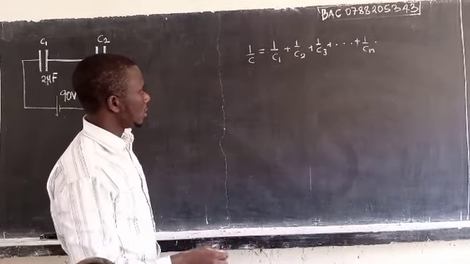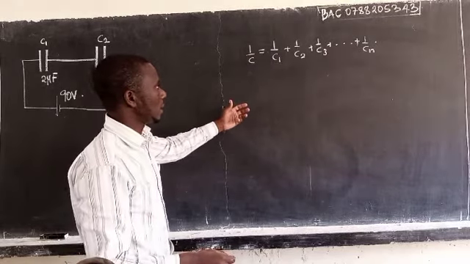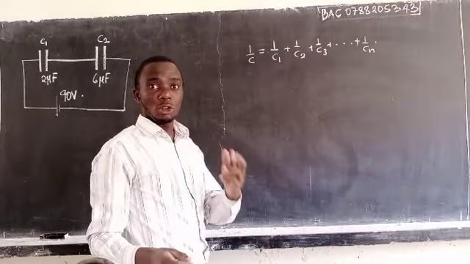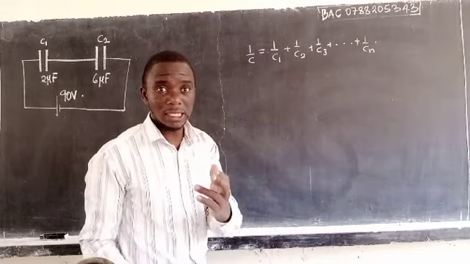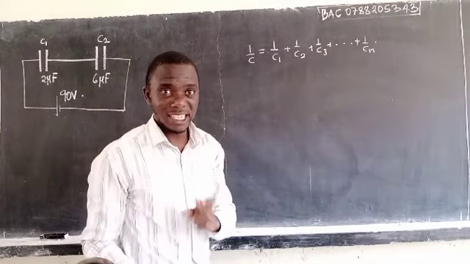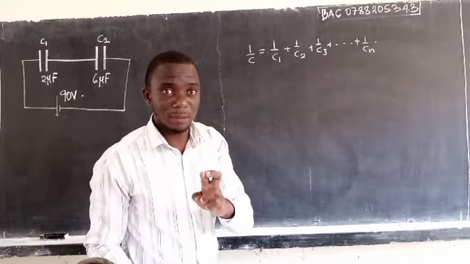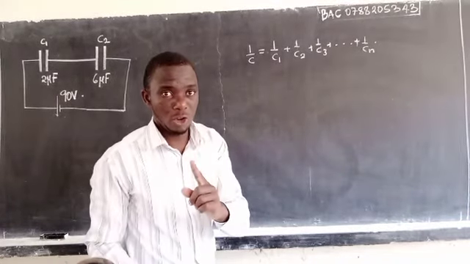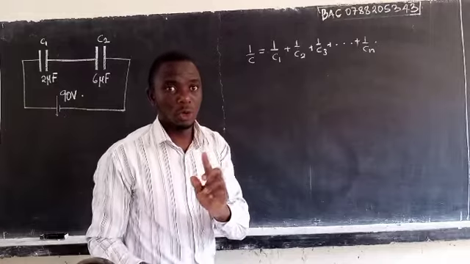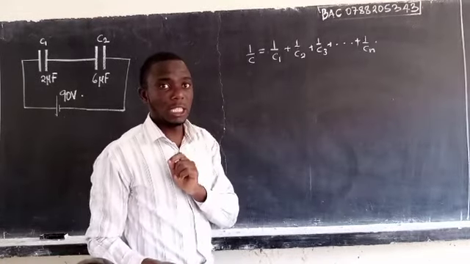How do we know they are in series? If the same current passes through those capacitors, then they are in series. If the current passing through them is not the same, then they are in parallel. You have to get that point, because for future reference it will be needed.